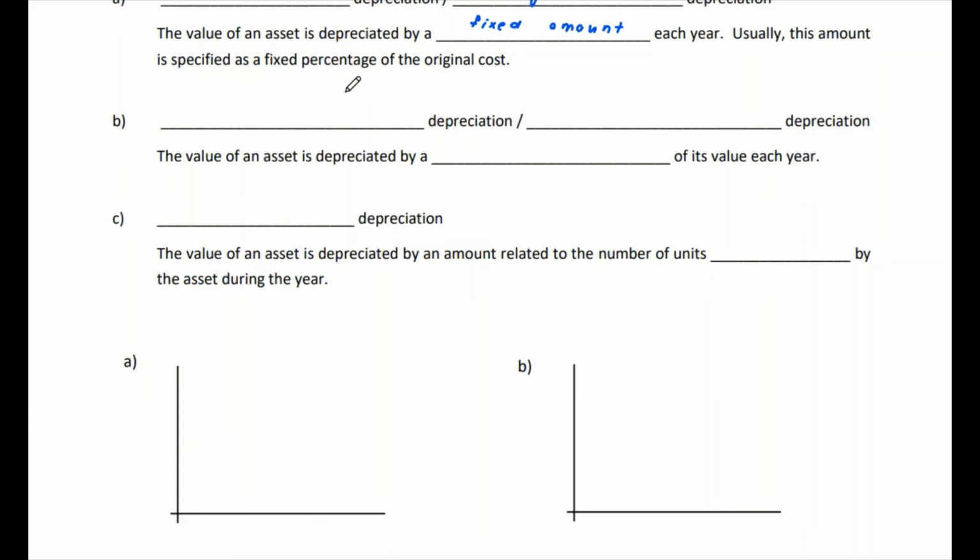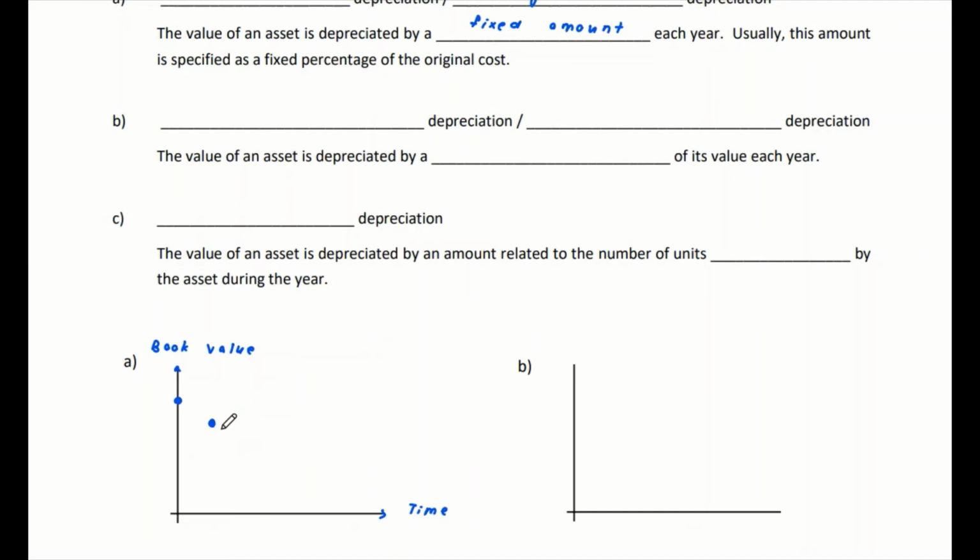So for this flat rate depreciation, you can imagine that it changes over time. This is the time, and then we have the book value of the asset. If this is the initial value of the car, after the second year it is going to decrease by a fixed amount.